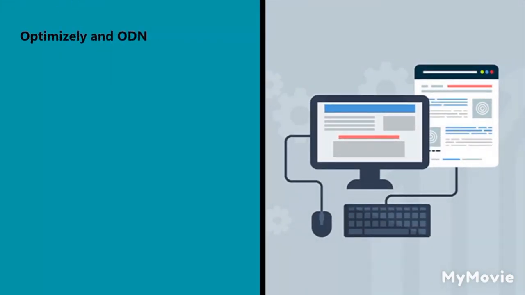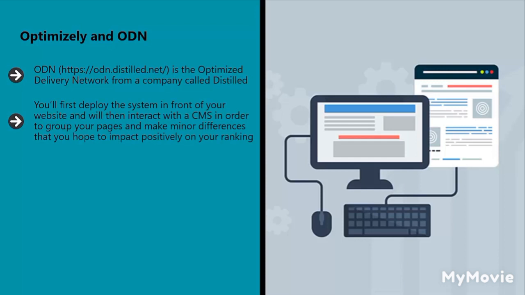Optimizely and ODN. ODN, https://odn.distill.net, is the Optimized Delivery Network from a company called Distilled. This is a tool that allows you to much more easily utilize split testing for your site by grouping different versions of web pages. You'll first deploy the system in front of your website and will then interact with the CMS in order to group your pages and make minor differences that you hope to impact positively on your ranking.